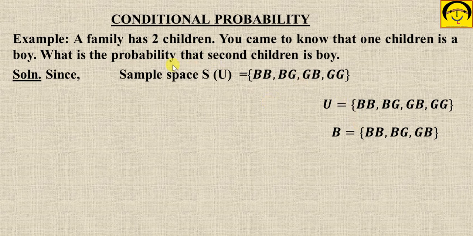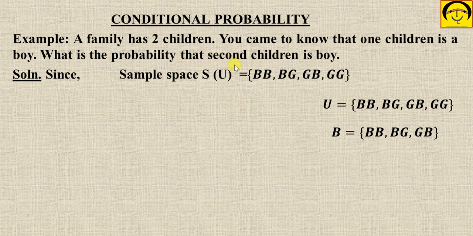Now the question is, what is the probability that the second child is also a boy? What will be the event space for this event A?